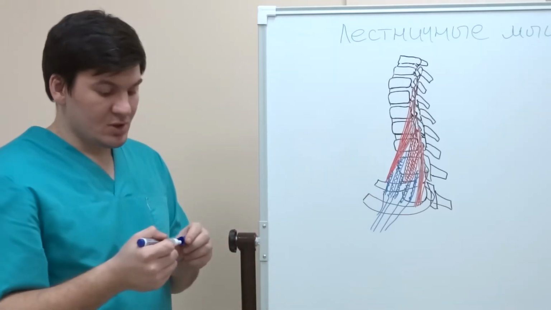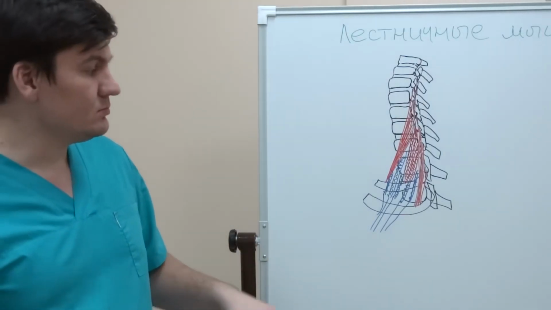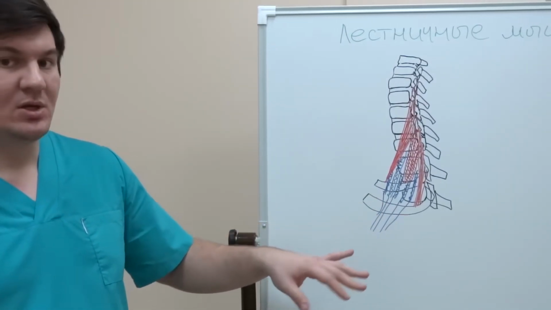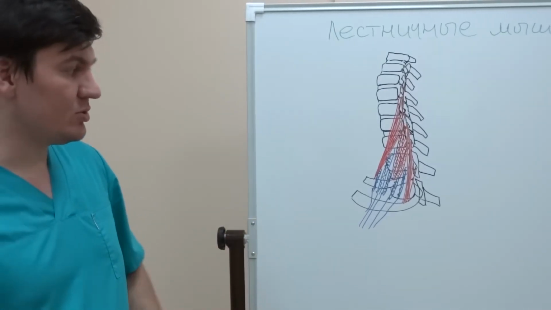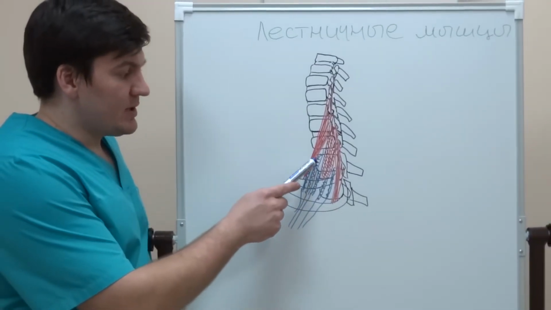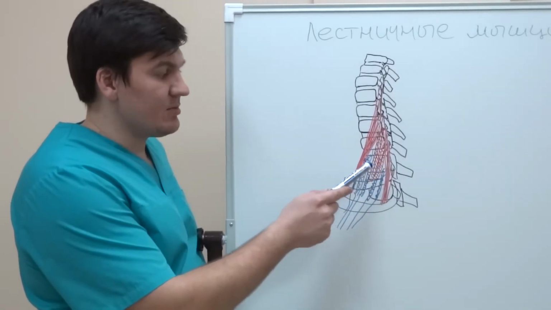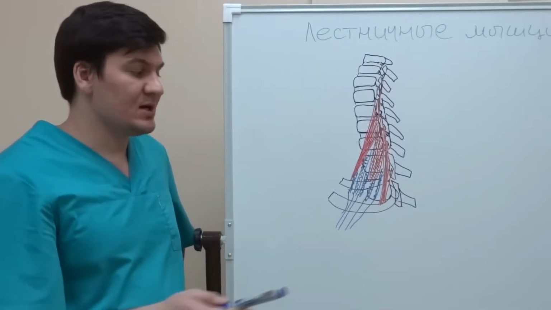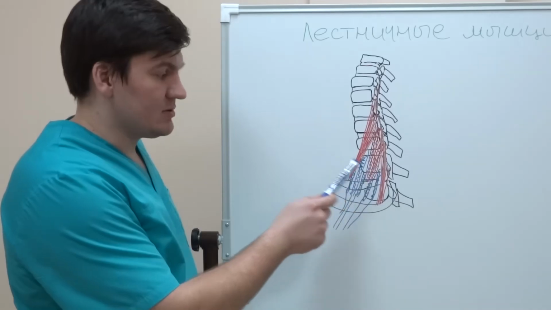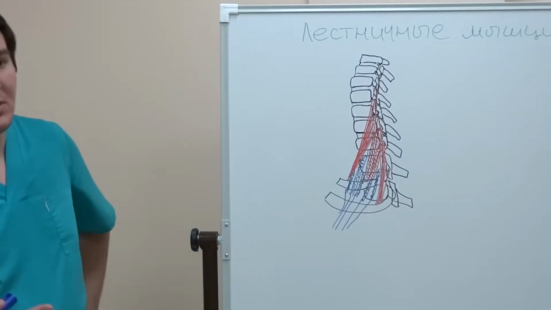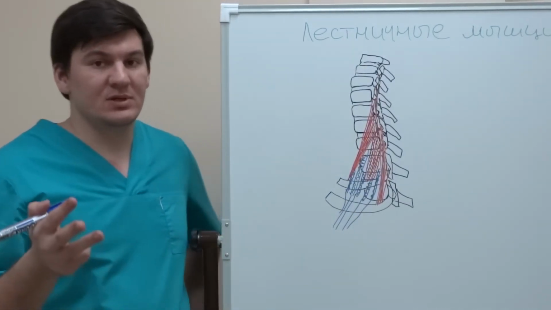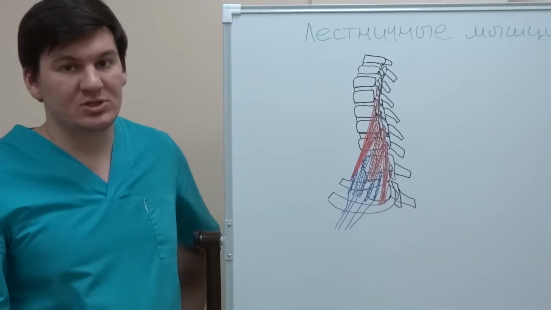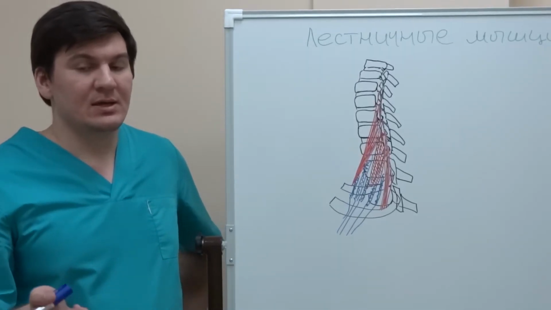Here they further divide into the nerves of the arm itself. And when even one of these muscles is shortened, it causes compression of these nerves, which in turn causes pain in the arm and problems with the shoulder joint, shoulder periarthritis, and numbness in the arm.